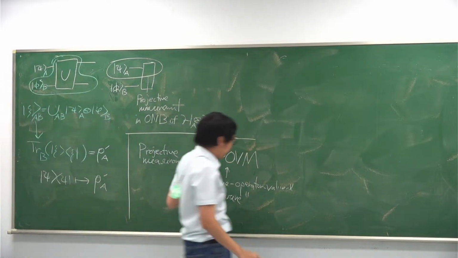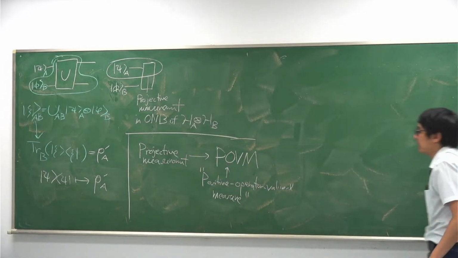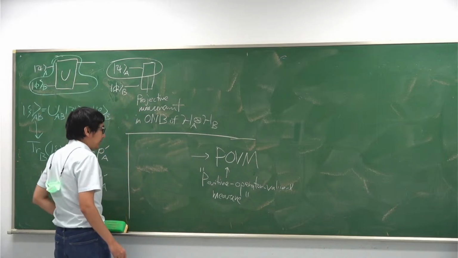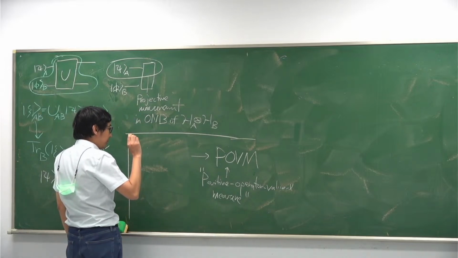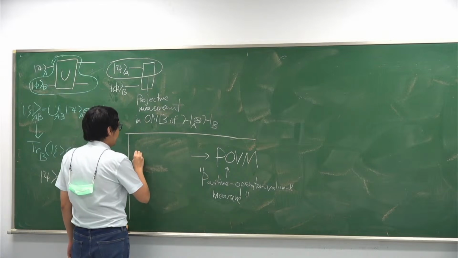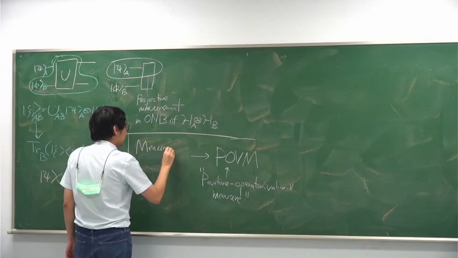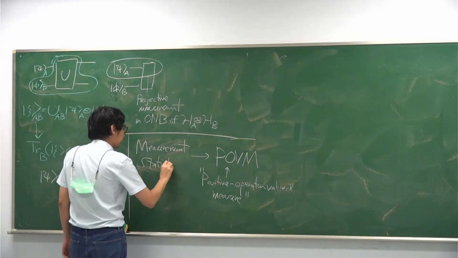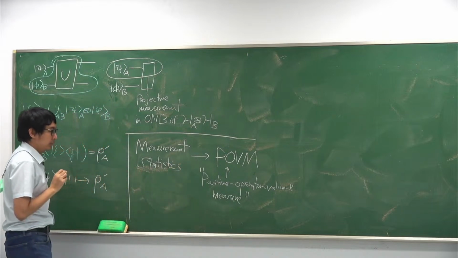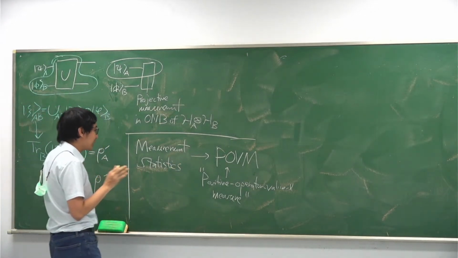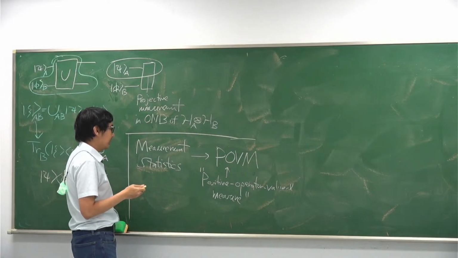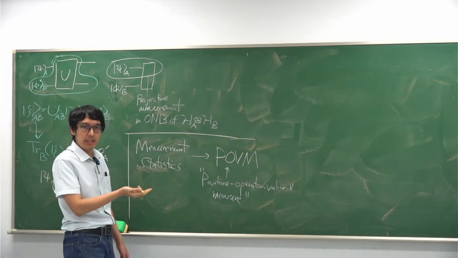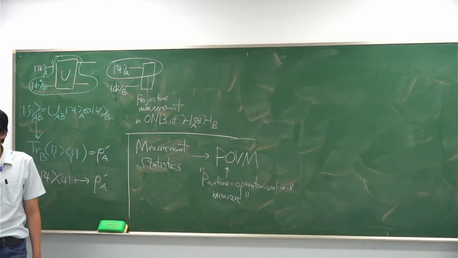Sorry about that. So I will rewrite the left-hand side. Let's be precise. Basically, POVM gives measurement statistics. What this diagram intends to say is that going forward, measurement statistics will be given by POVM rather than projectors.